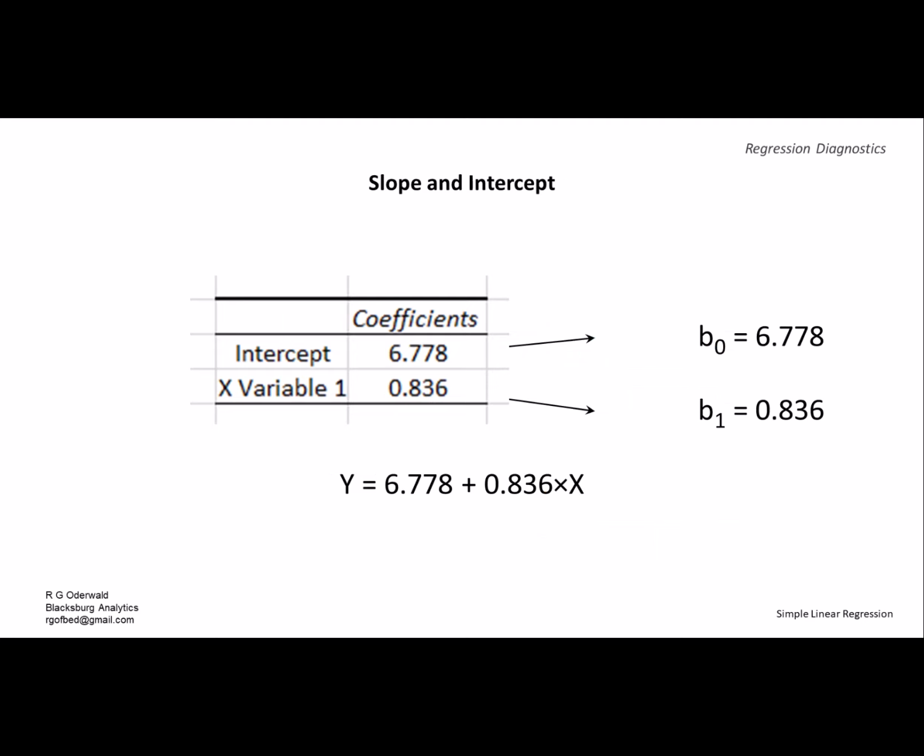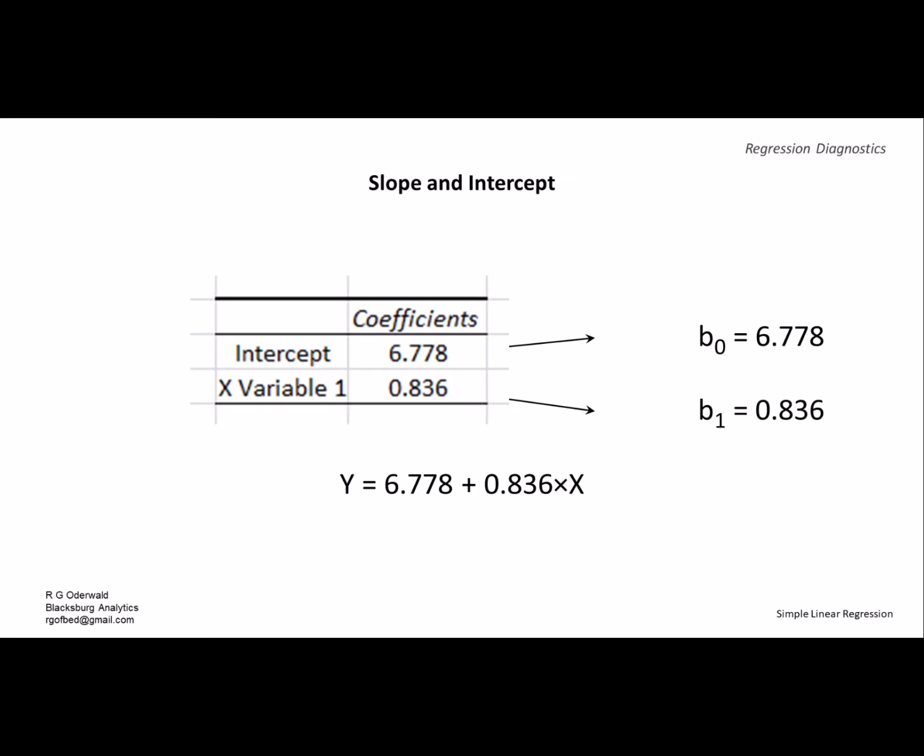The table below ANOVA shows the intercept and slope in the coefficients column. The intercept is labeled intercept, so it's easy to find. The slope, however, is indicated by the name of the independent variable. You can put a name when the regression is set up, but the default isn't a problem in simple linear regression.